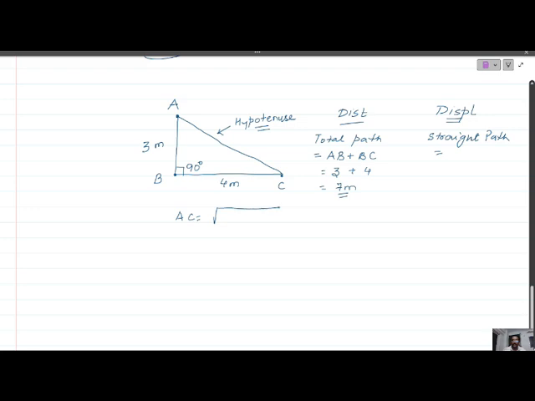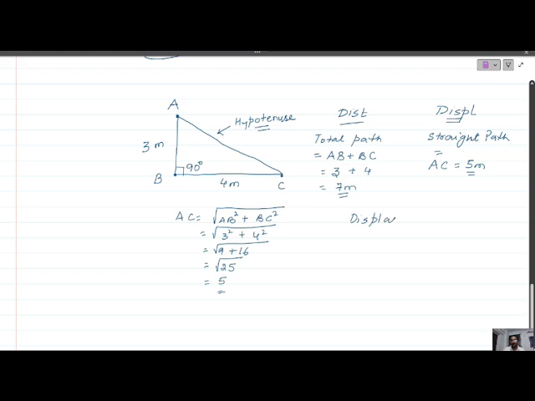It will be the square root of AB squared plus BC squared. So 3 squared plus 4 squared, which makes it 9 plus 16, which equals 25, rooted, and we get 5 as the answer. Which means the straight path from A to B to C is actually a straight line called AC, which is equal to 5 meters.